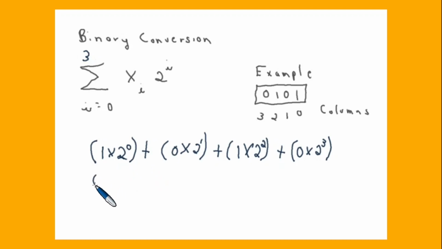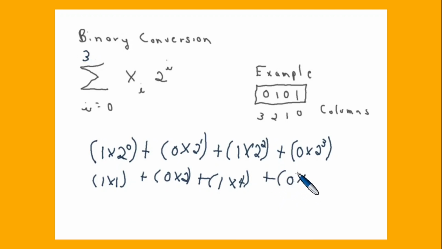So we have 1 times 1 plus 2 to the 1 here would simply be 2, but times 0 is going to be 0, plus 1 times 4, plus 0 times 8.